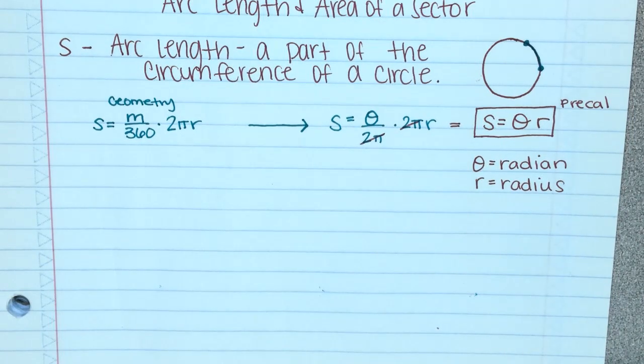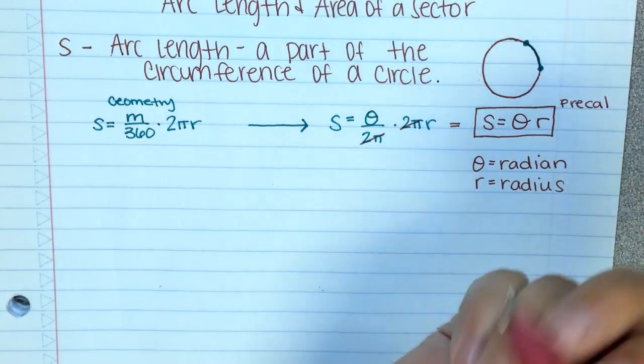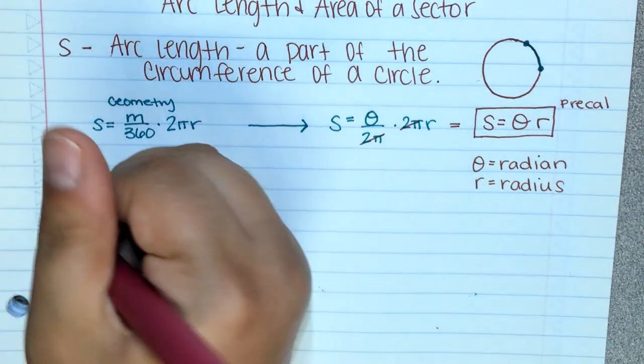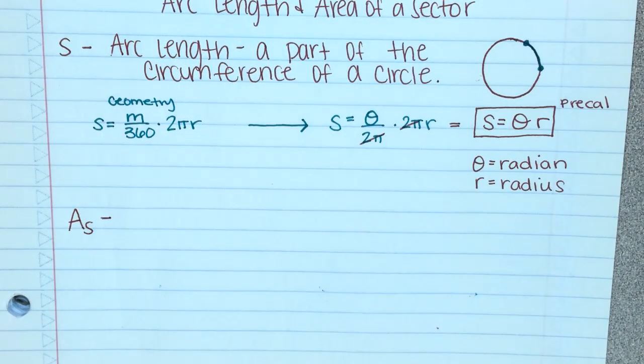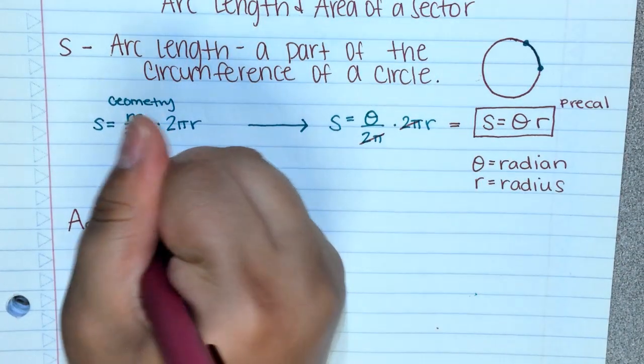Last thing. I got 3 minutes. I can do this in 3 minutes. I have longer than 3 minutes, but I can do it in 3 minutes. We're going to call A of S, and this is going to be area of a sector.